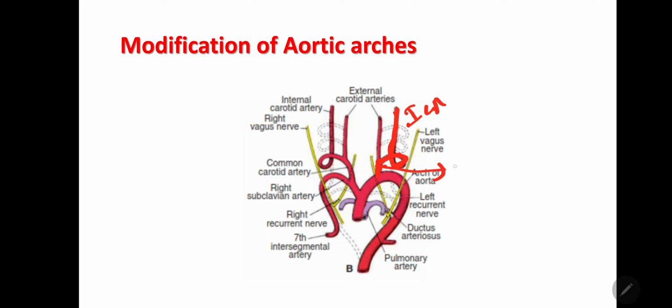It forms the common carotid artery, whereas the external carotid artery comes as a sprouting, and the remaining portion of the internal carotid artery is formed by the cranial part of the dorsal aorta. The fourth aortic arch artery on the right side forms the right subclavian artery, and on the left side forms part of the arch of aorta. On the right side, the distal portion of the right subclavian artery is formed by the seventh intersegmental artery. What is that? We will see now.